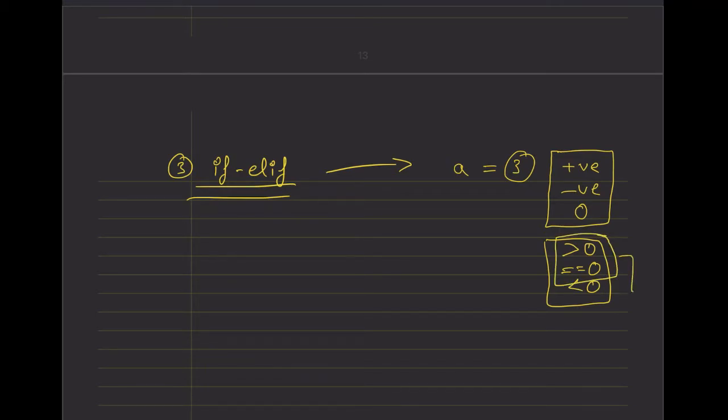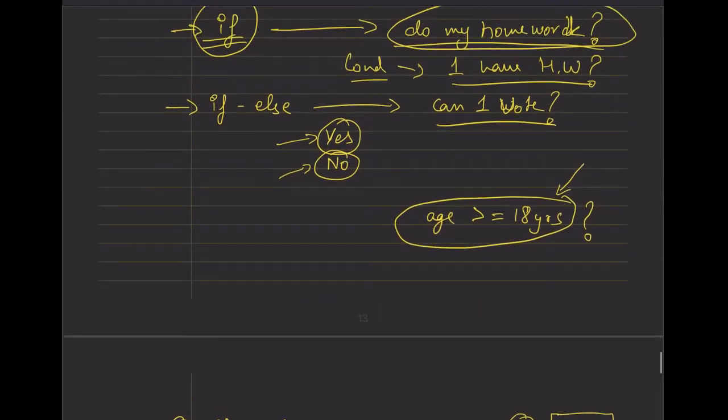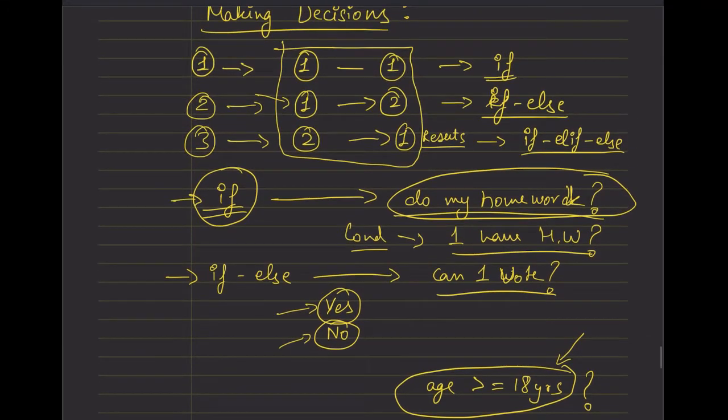Apart from 2 conditions, there is only one condition left, so I can use else also. So in order to take this decision, I consider only 2 conditions and I have 3 possible results. So let's go back and see the third condition.